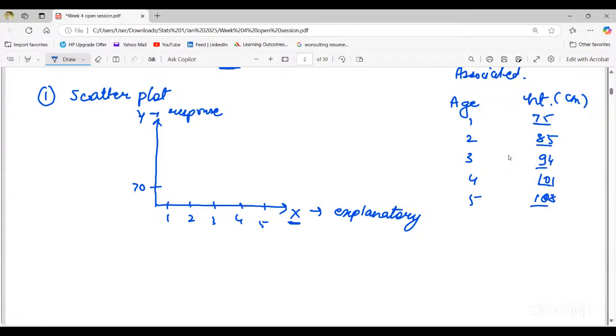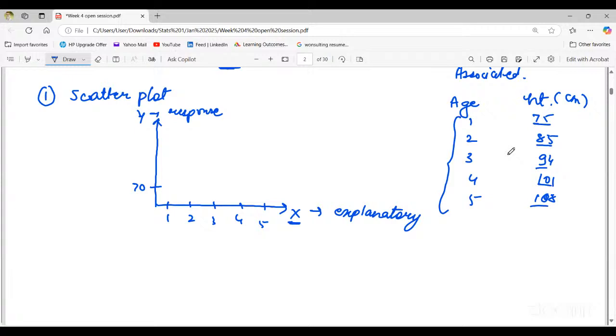So these are explained by the ages. If my age is increasing, then my height is also increasing. So my age is explaining the height factor. Getting my point?